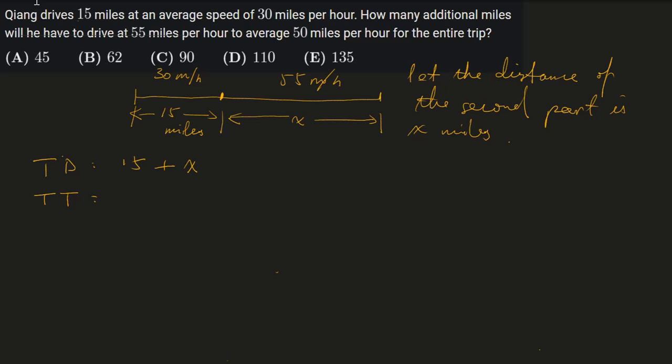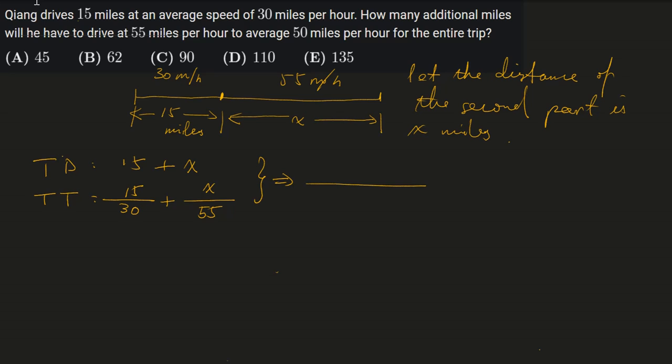The time that he takes for the first segment is 15 miles divided by 30, which is the speed, plus the time for the second segment, that is x divided by 55. Therefore, we have this equation.